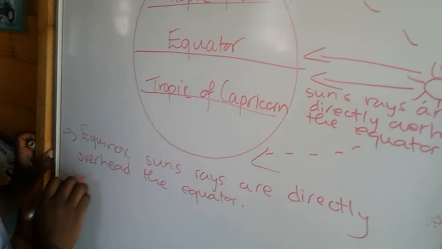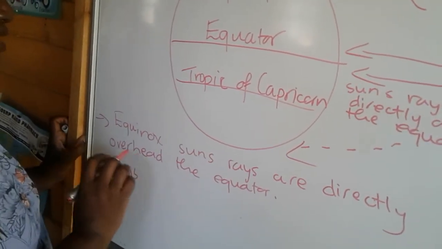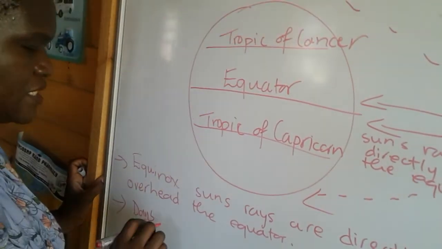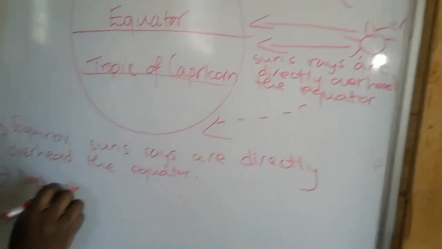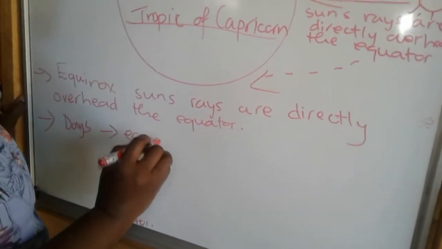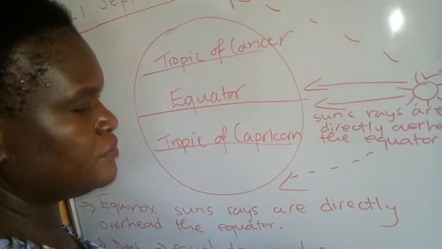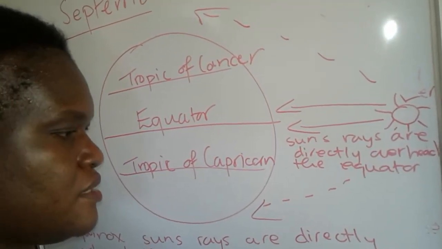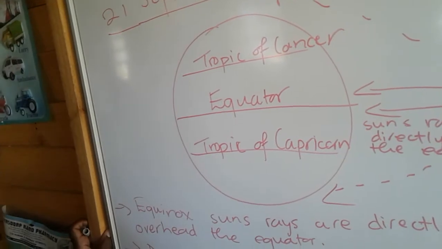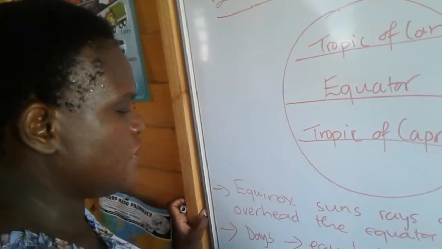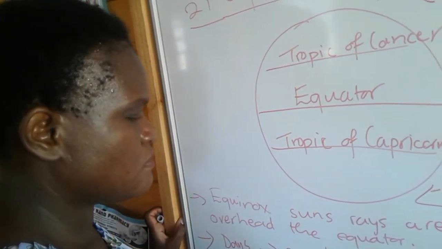In terms of our days, these are some of the questions that you're going to ask. Because it's an equinox, it means equal day and equal night. What happens in the northern hemisphere with this equinox?